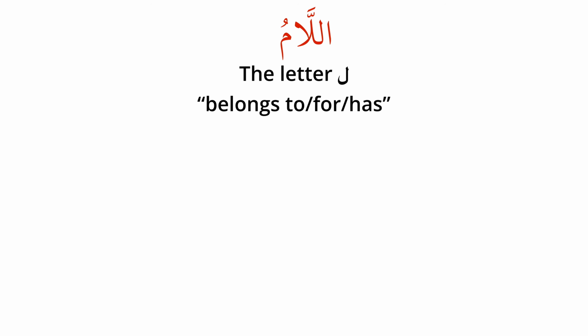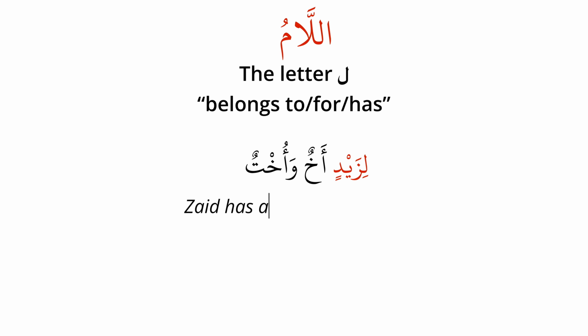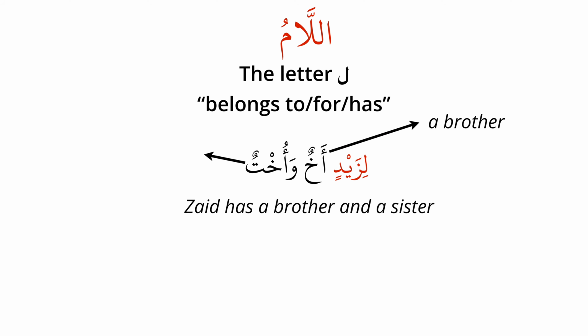Number 10 is al-lam, which is the letter lam with a kasrah below it, which gives the meaning of belongs to or for or has. For example, li Zaydin akhun wa ukht. Zayd has a brother and a sister, where akhun means a brother and ukhtun means a sister.